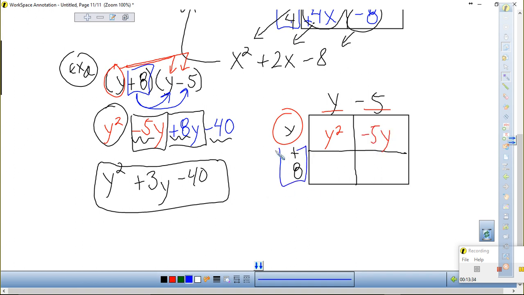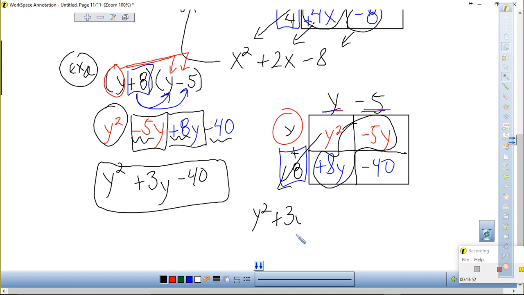From there I go with this one, 8 times y, that's positive 8y, 8 times negative 5, that's negative 40. I bring the first term down, which is y squared. I draw my peanut. There it is. 8y minus 5y, that's positive 3y. And then bring down the negative 40. Did I get the same thing as here?